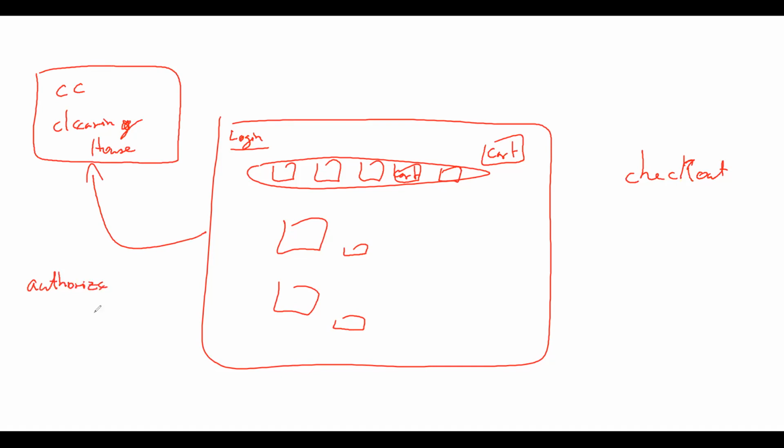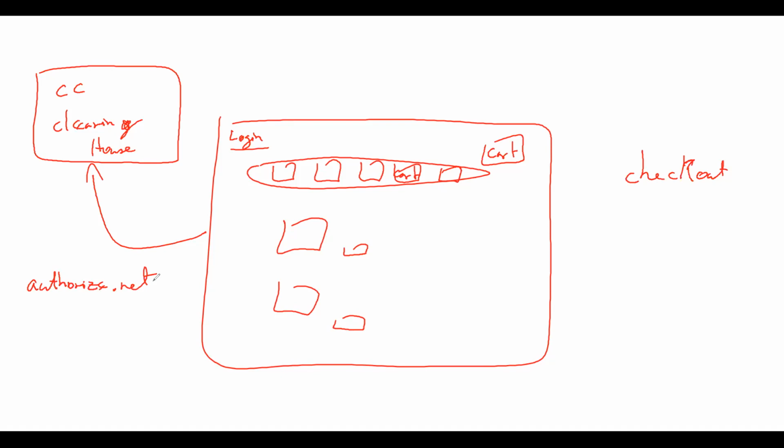Authorize.net is a well-known credit card clearinghouse. There are many out there, but this is the one we're using, and they will handle all the credit card transactions. You will create an account there as a developer, and they're going to allow you to create dummy accounts, because usually you're developing before you go live, so you need to test a lot of things.